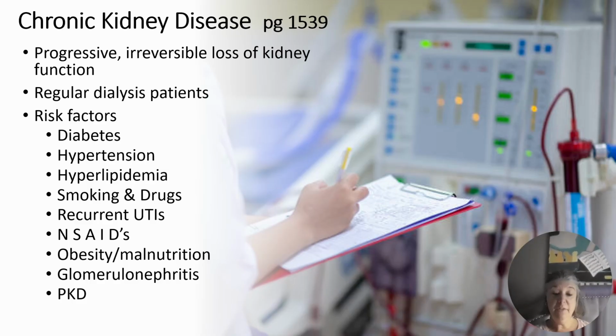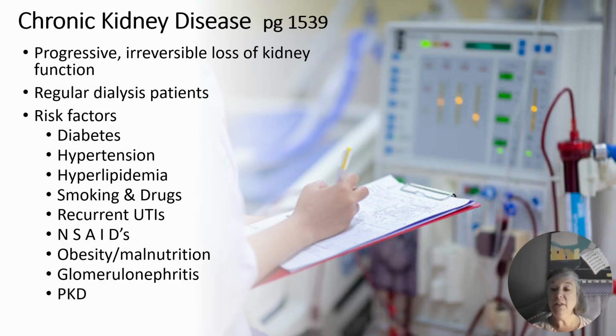All right, moving on to chronic kidney disease. The problem with chronic kidney disease is it's progressive and it can lead to irreversible loss of kidney function. Risk factors for this, again, diabetes, recurrent UTIs, polycystic kidney disease, hyperlipidemia, hypertension, glomerulonephritis, malnutrition.